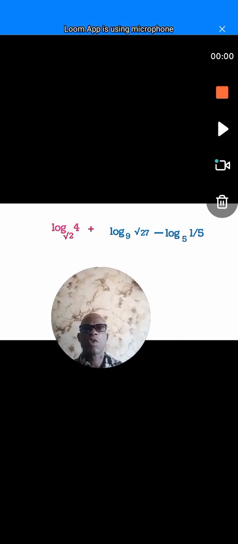Now, this is what we are going to do. We are going to change log 4 base root 2 to a new base, and the new base is base 2.